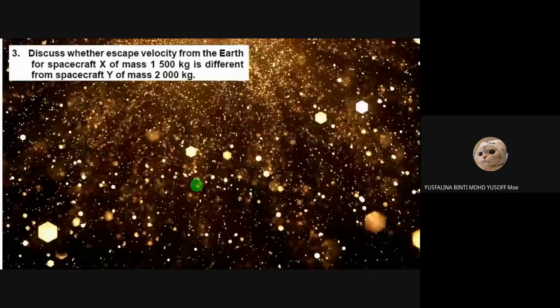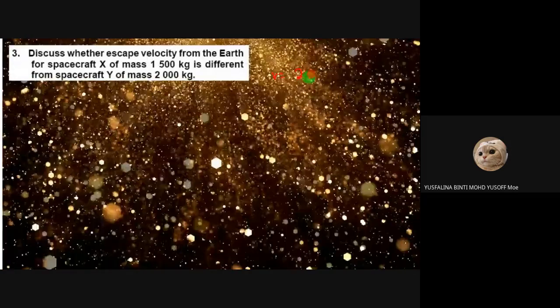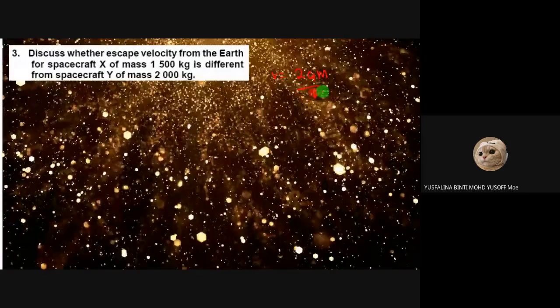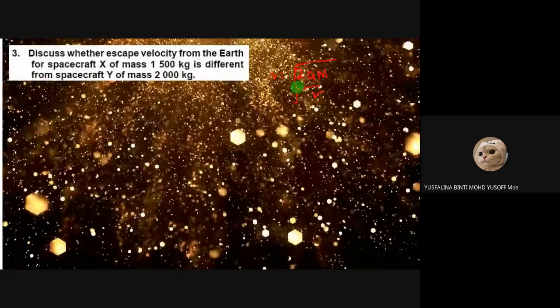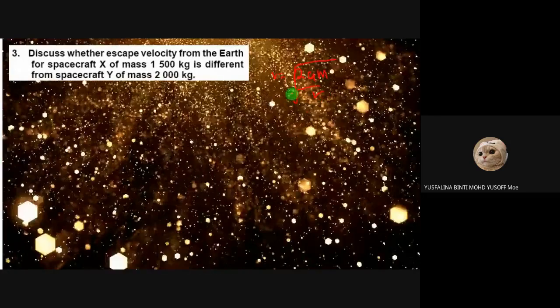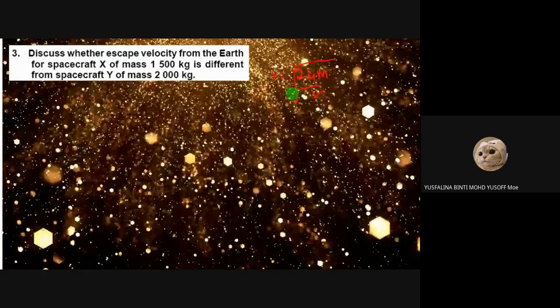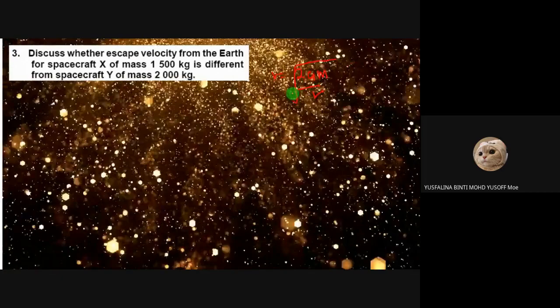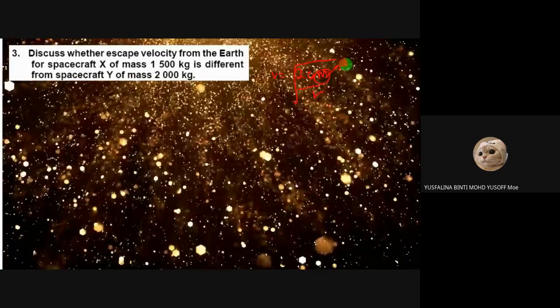Okay. Can you give me the formula for the escape velocity? It is this one, right? So you can see the escape velocity is only influenced by the mass of the Earth and also the radius. The mass of the spacecraft will not influence the escape velocity.